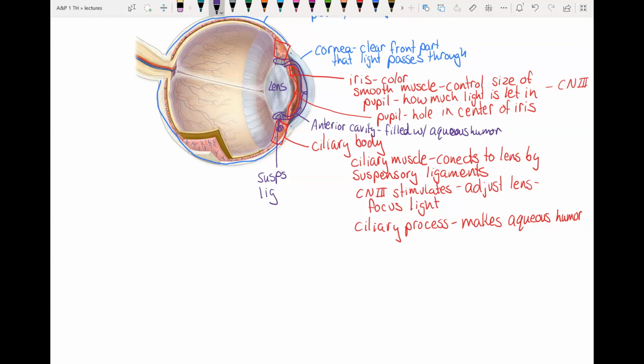Okay, the next part of the vascular tunic is the choroid. So that's all this tissue back here in the back part of the eye. Comes all the way back, comes all the way up here. It's the majority of the vascular tunic. So all of this is choroid. The choroid is dark so that it can absorb stray light.